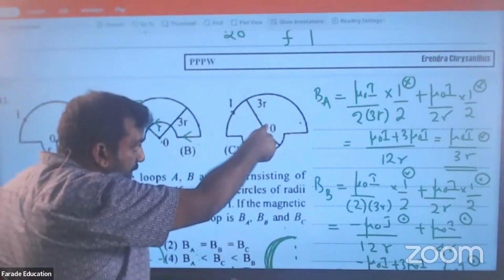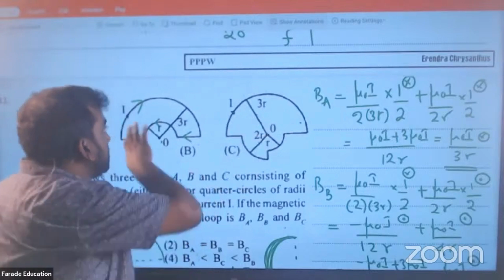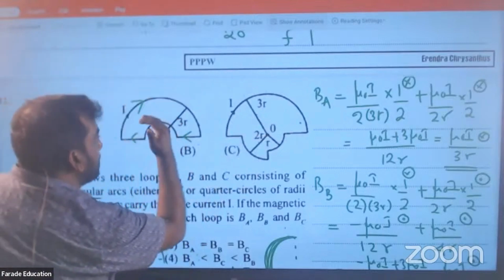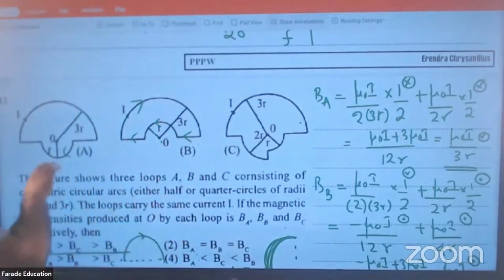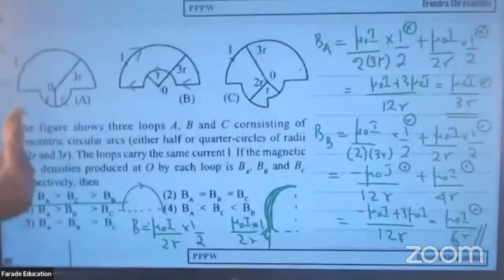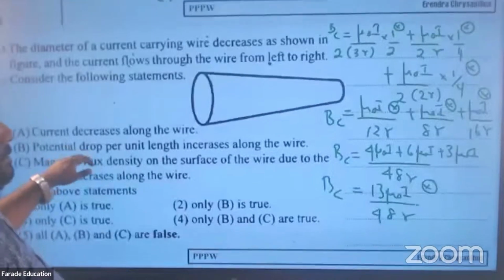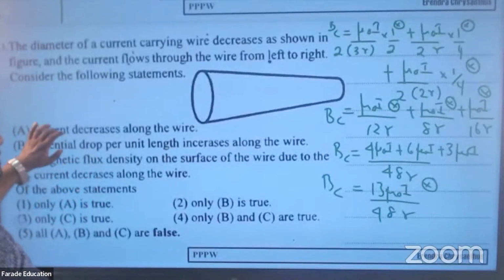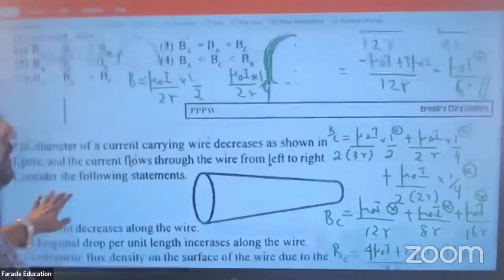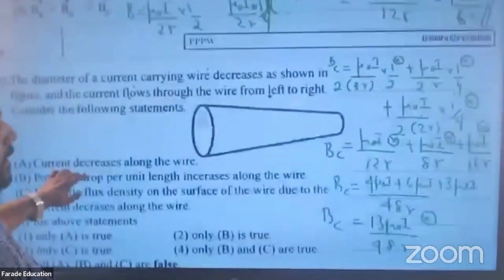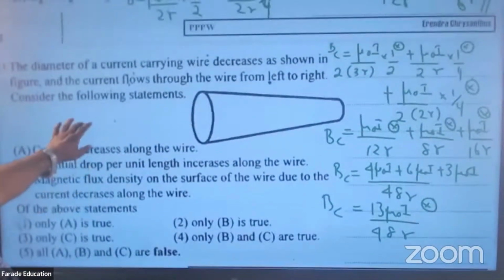Here inwards, here inwards, here inwards. Here outer one inwards, inner one outwards. Subtract. Both are inwards. Simplifying this, we can get the required answer. These are taught under Biot-Savart theorem.